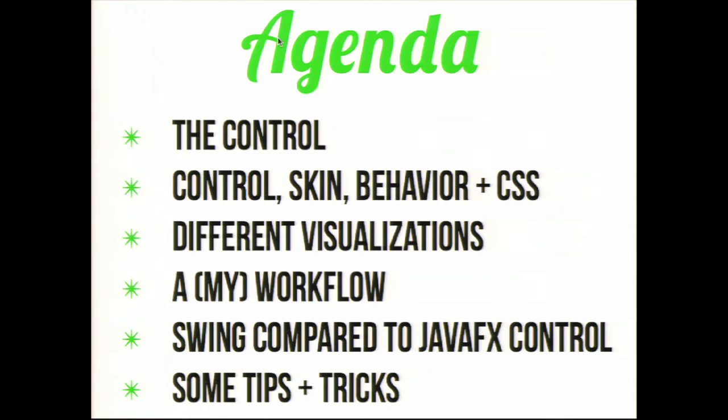Then I will show you different ways to visualize a custom control, because I love to do more graphical stuff, and the biggest issue was to figure out what is the best way to do what, right? Then I will show you very shortly my workflow, and just two slides about what a Swing custom control and a JavaFX custom control is, and where the difference is. And then, this might be the interesting part, some tips and tricks, because this is the stuff I came across when I was learning how to write custom controls in JavaFX, and it might be helpful for you too.